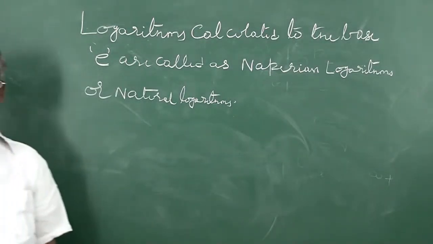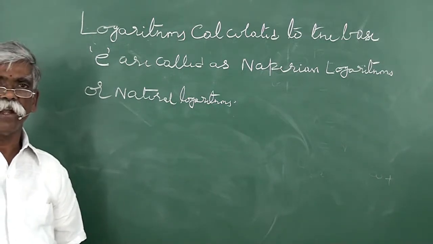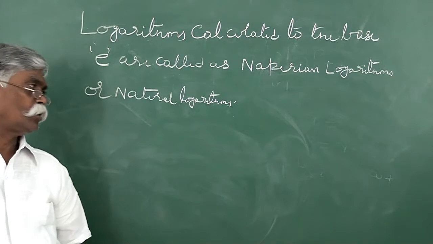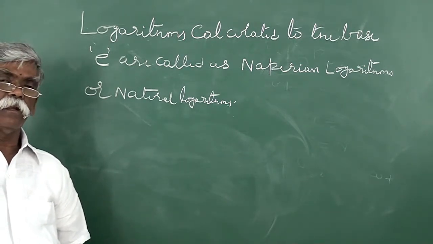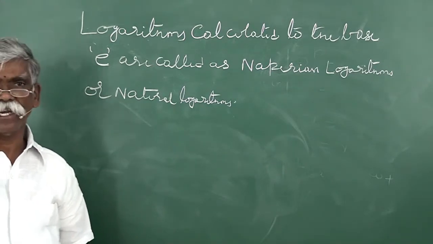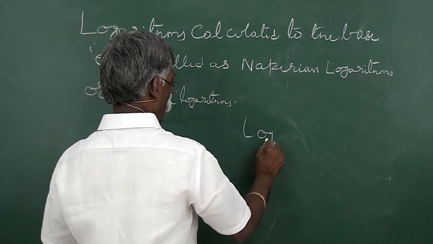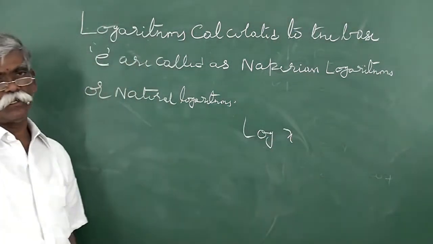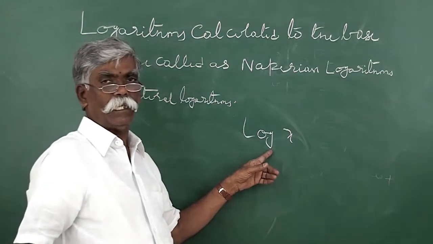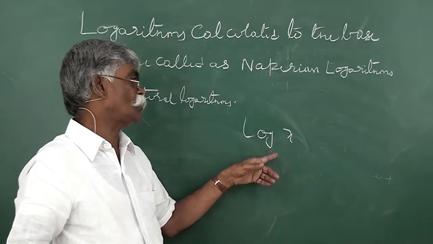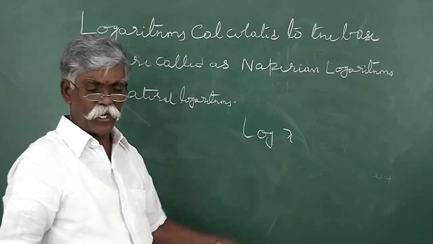So, for any given logarithm, unless the base is specifically given, we will accept the logarithms to the base e, and if nothing is written, then we have to take the base as e. So suppose if we take log x, it means the base of this logarithm is e. So when we do not write any base, then also we mean to say that log x is defined to the base e.